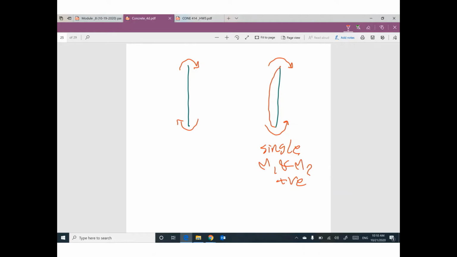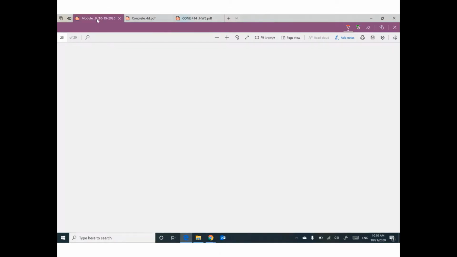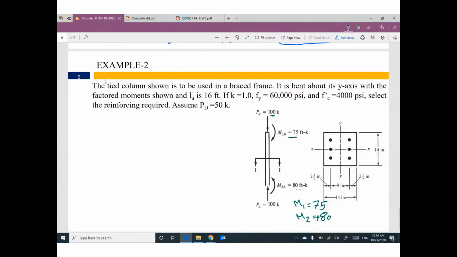Double curvature. So M2 all the time is positive, but M1 in this case will be negative. In our case, the direction of these moments will make this column smile like this. So it's single curvature. This one will be positive, this one will be positive.